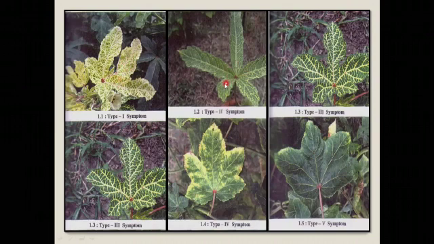Then you see the second picture. This is just the initial infection seen on the bhendi leaf, which means only a small portion of the leaf lamina is infected and showing chlorotic patches.